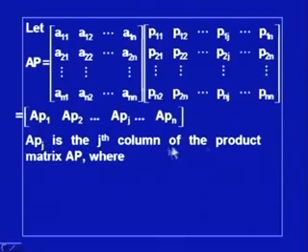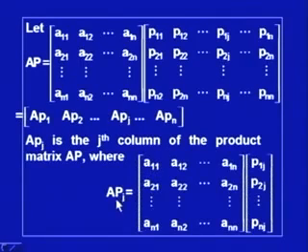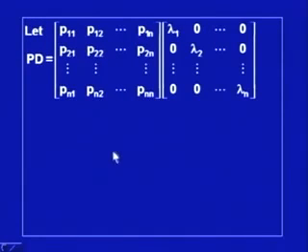APj is the jth column of the product matrix AP, which I have already explained. Now, considering the right hand side, PD is equal to the matrix P multiplied by the diagonal matrix. This matrix P has already been explained, and this diagonal matrix will have eigenvalues on the diagonal.